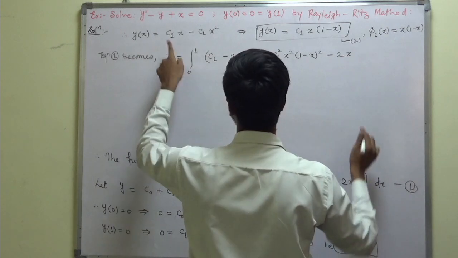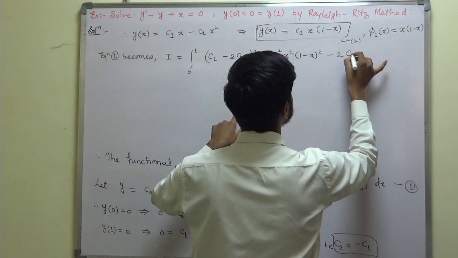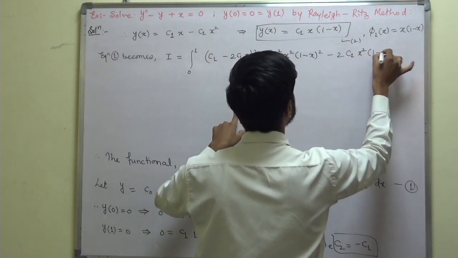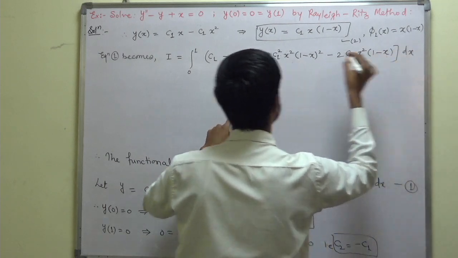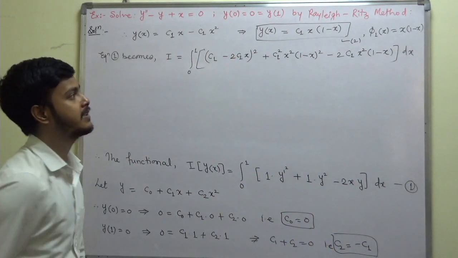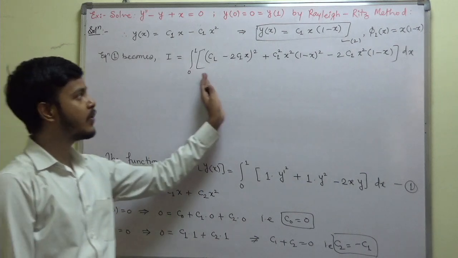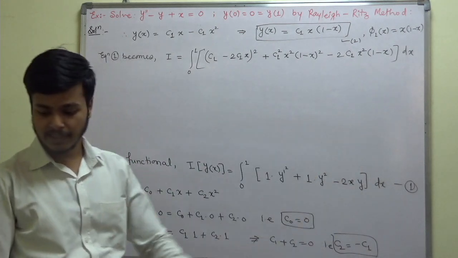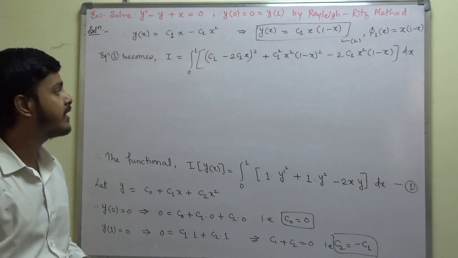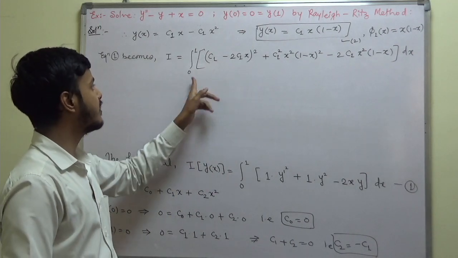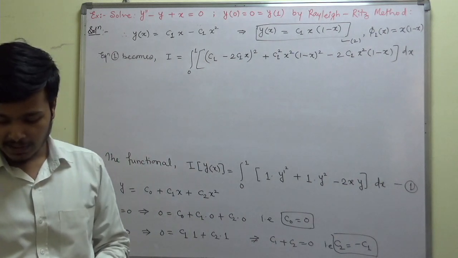What is y? Y is again c1 x into (1 minus x) dx. Now we have this. You can just solve all these things, then separate the integration, apply the integration and apply the limits.